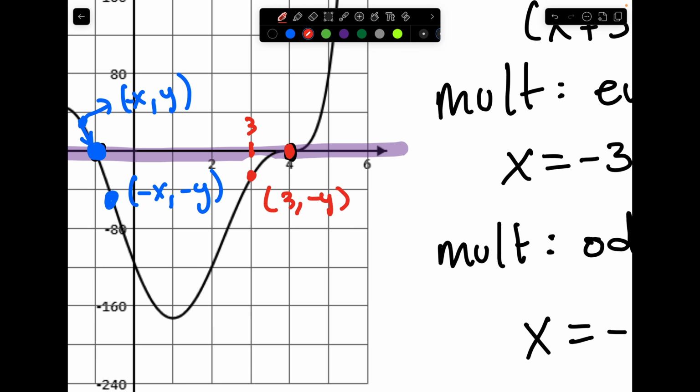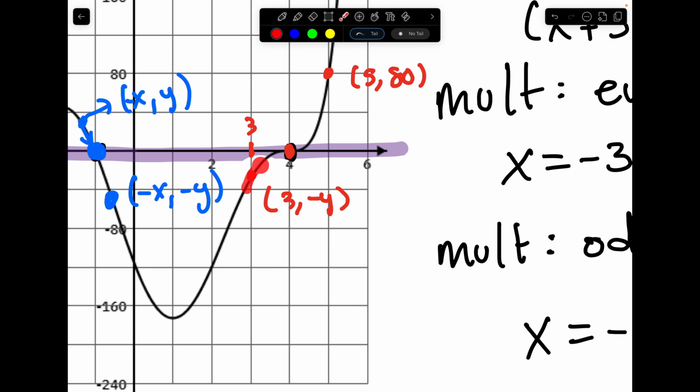But then when we look to the right of 4, let's say at this point right there, where the x value is +5, we can clearly see that the y value looks like it's going to be exactly +80. So you see it changes from a negative number to a positive number there. So that means that this is crossing, okay?